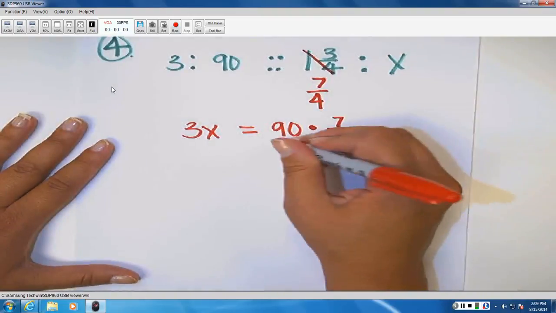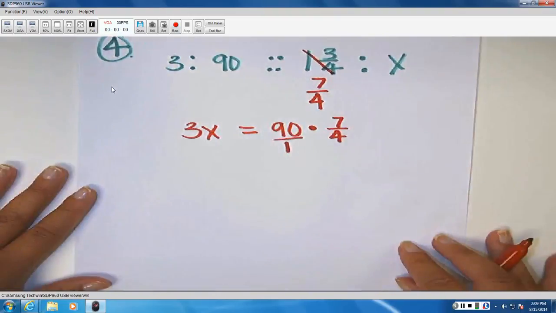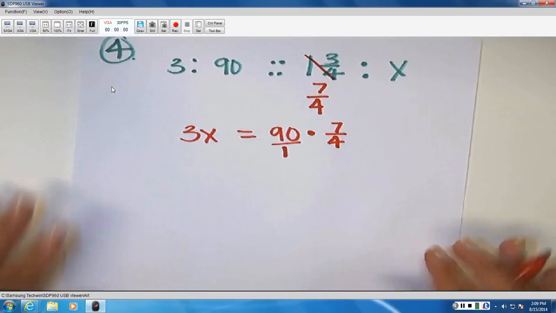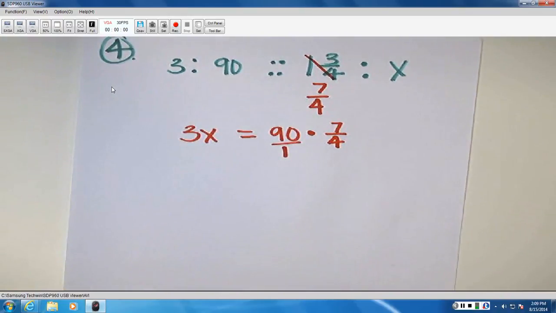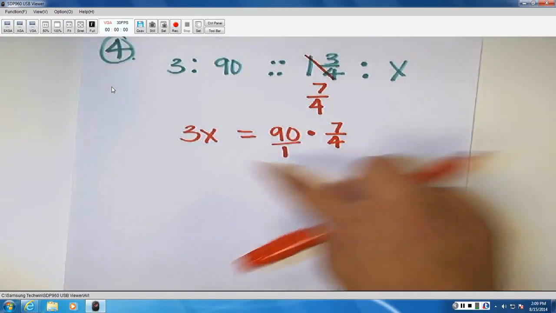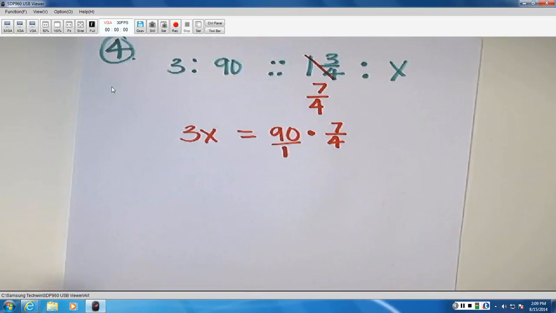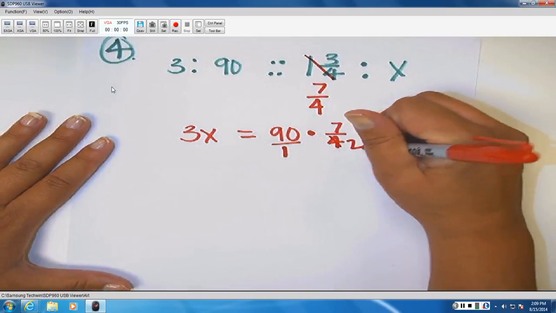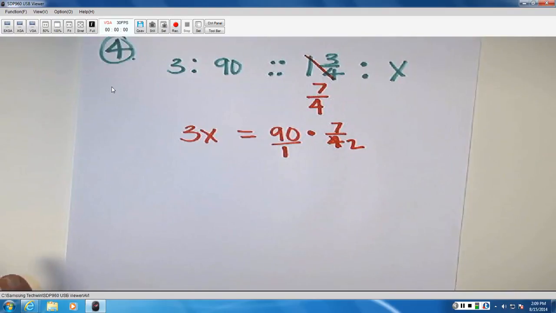Basically, this 90 is going to have a 1 over it. And just looking here, I'm pretty sure that I can reduce 90 and 4. Well, we'll just reduce it by 2. So I know that 2 will go into 4 2 times, and 2 will go into 90 45 times.